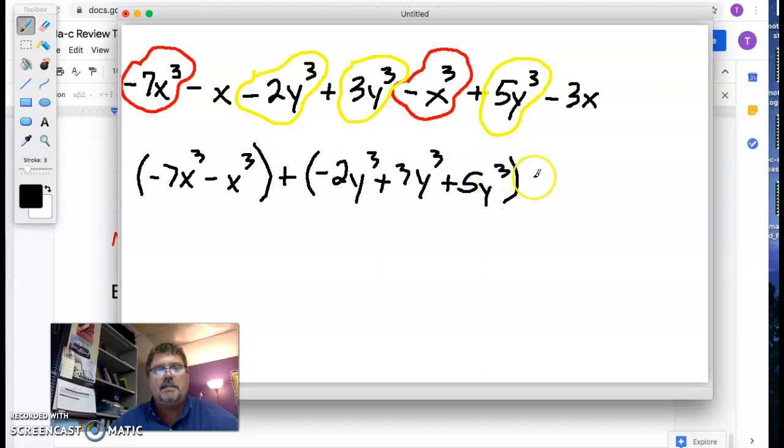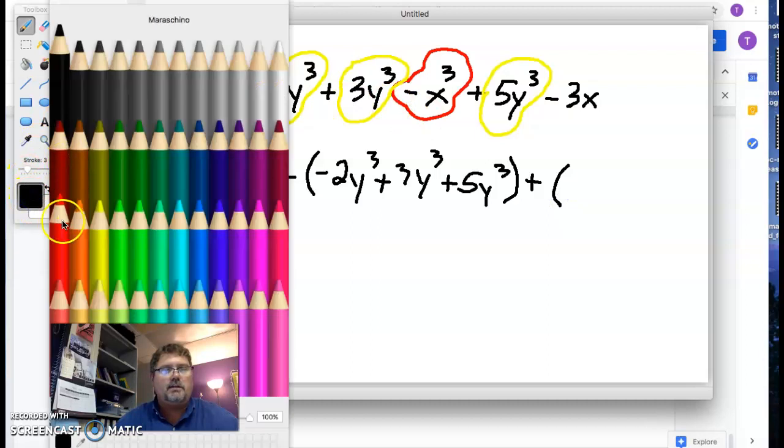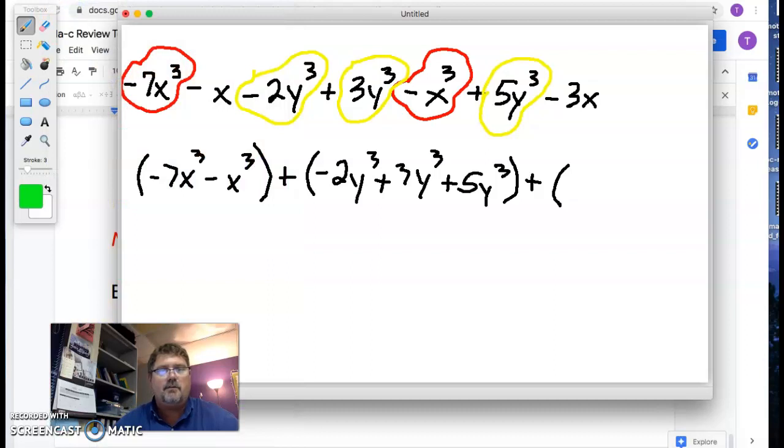Okay, and finally, we're going to have the last thing here, which I know I don't really need to do a color with it because we kind of just see them now, but I'm going to stay consistent. Take the sign with it, the x and the negative 3x. And we'll put those in here.